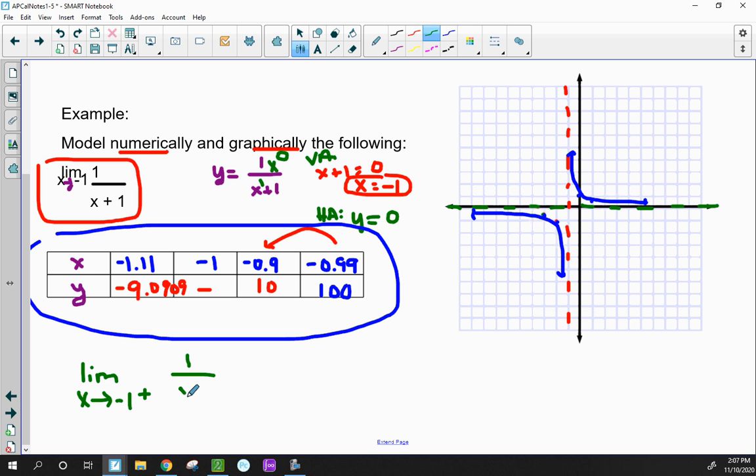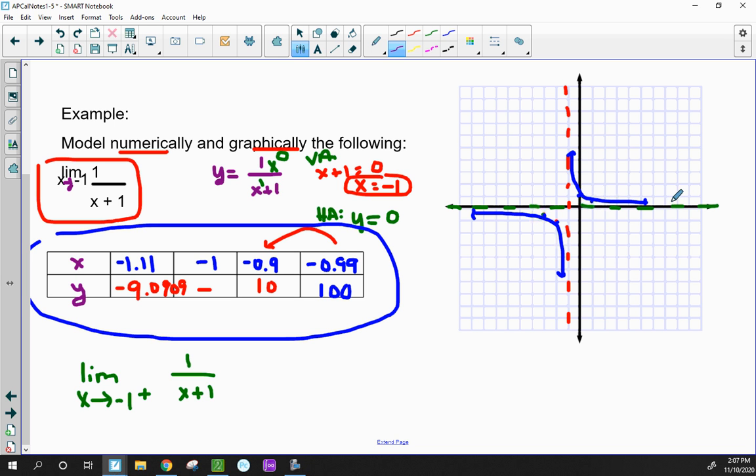Same problem. We got the graph going on. We can probably, hopefully, make the call now. Find the limit of this problem as x approaches -1 from the right side. So our eyes are traveling along the x-axis, coming in from the right side. The closer and closer we get to -1, I'm running into an asymptote there.